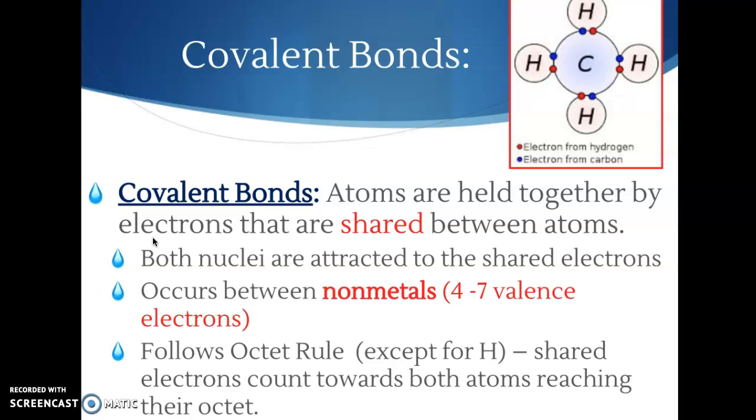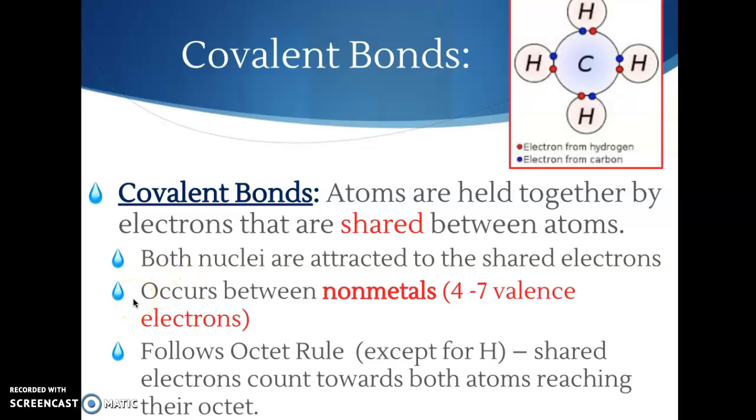The covalent bond is just a different way that atoms are held together. It's caused by sharing of electrons between the two atoms, and both nuclei are attracted to the shared electrons. That's the force that's holding the two atoms together. It's kind of like a tug-of-war situation where both nuclei are pulling on the shared electrons. That's what keeps the atoms together.